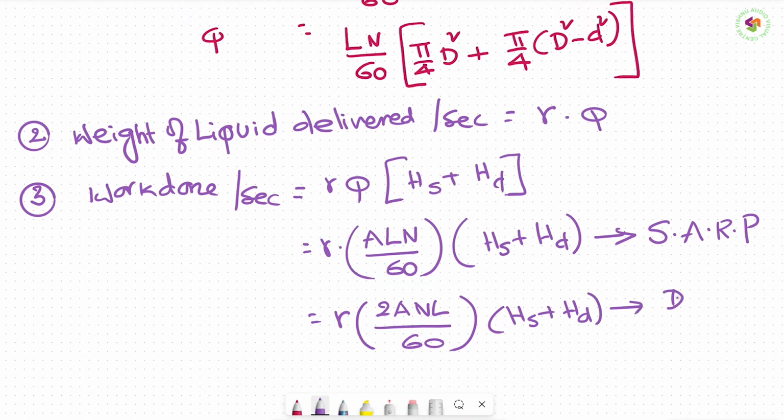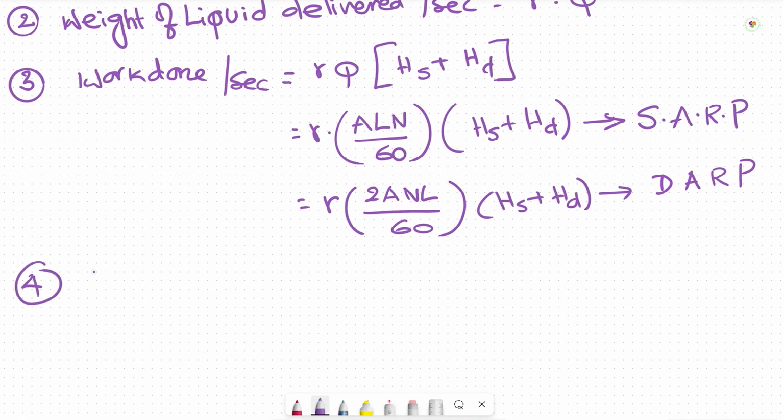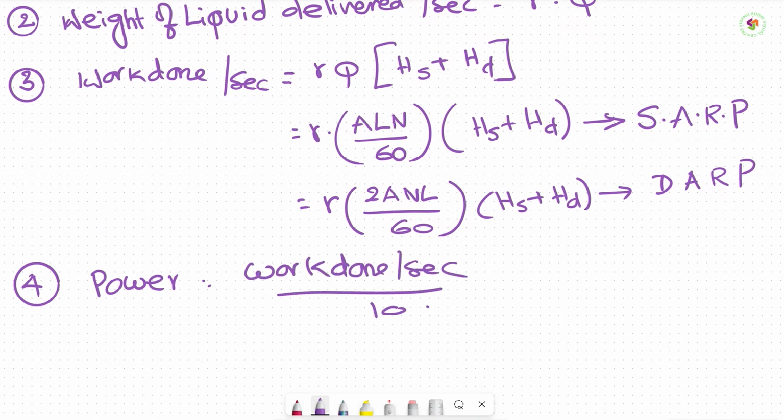Then the last one, power, is equal to the work done per second expressed in terms of kilowatts.